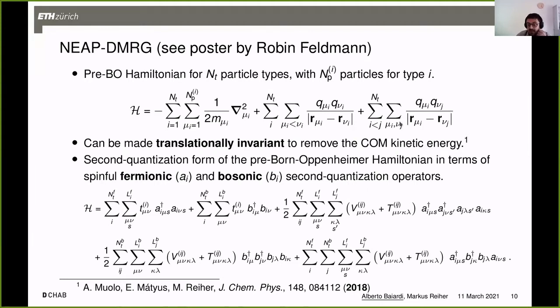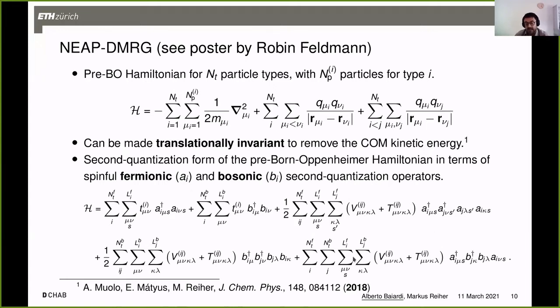The main difference being that now the Coulomb interactions are all pairwise interactions, because we are not fixing the nuclei, but we are describing them with their respective wave function. And the Hamiltonian can still be expressed in second quantization, but now we have a multi-component DMRG lattice, because we have both fermionic and bosonic degrees of freedom.